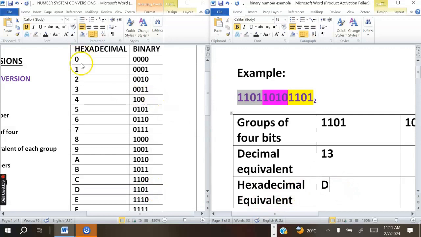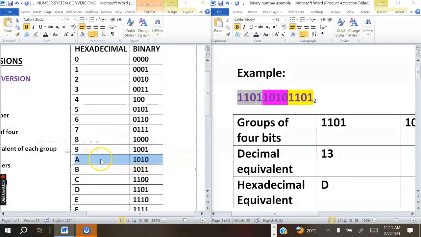Maybe you can count. We have 1 2 3 4 5 6 7 8 9 10 11 12, then 13. So it's supposed to give us the letter D. While for the 1010, where is the 1010? This is the 1010.